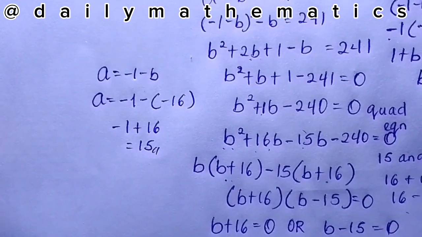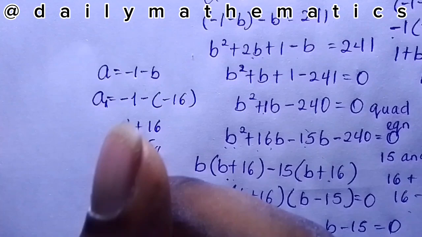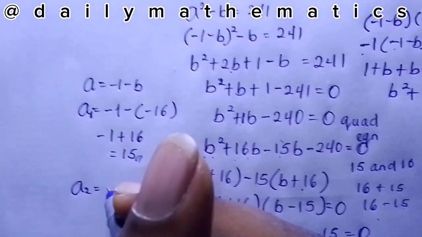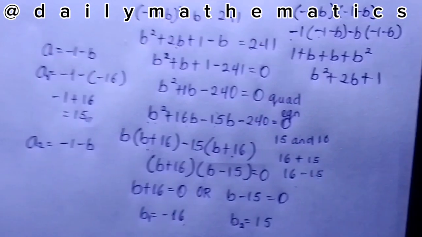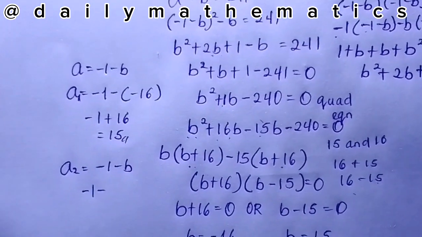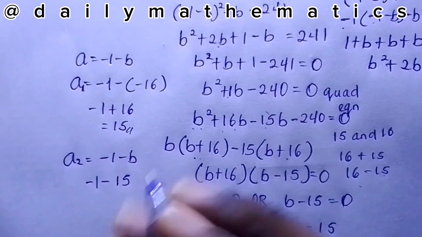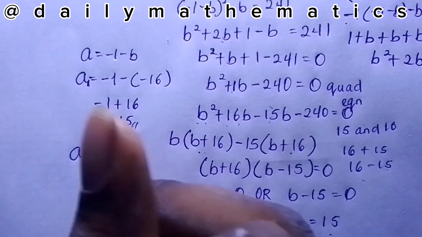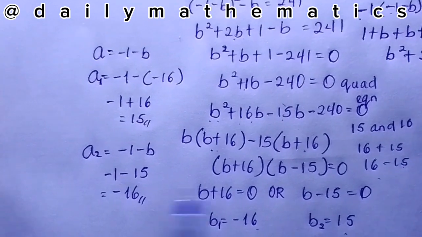Now for b2, this is a2. Using a equals minus 1 minus b, with b2 equal to 15, we have minus 1 minus 15, which gives us minus 16. So when b is 15, a is minus 16.